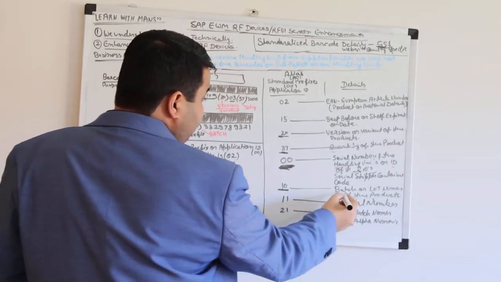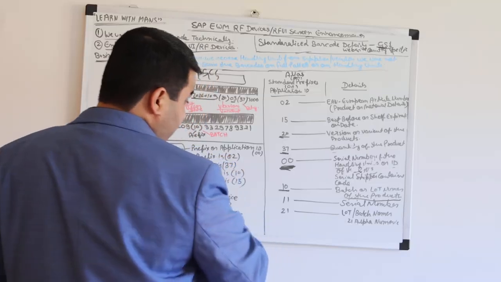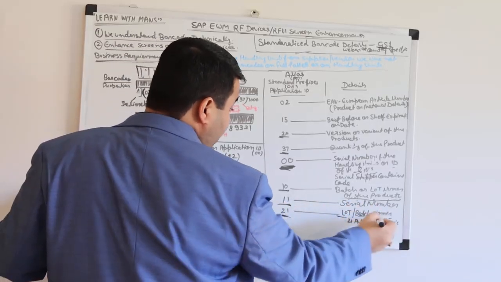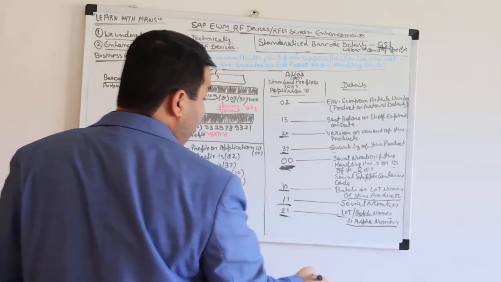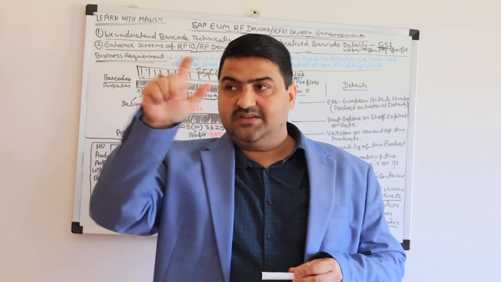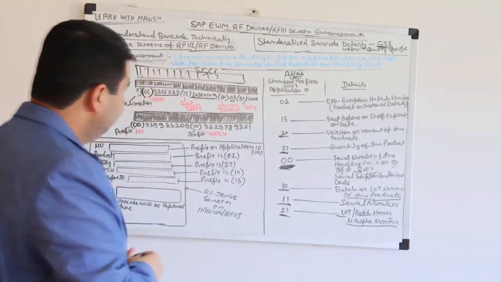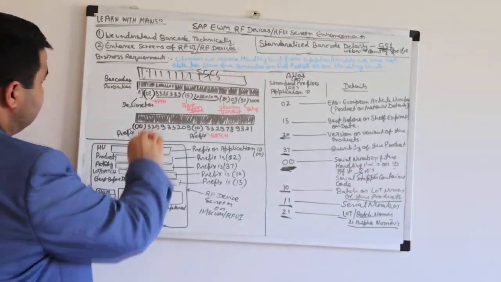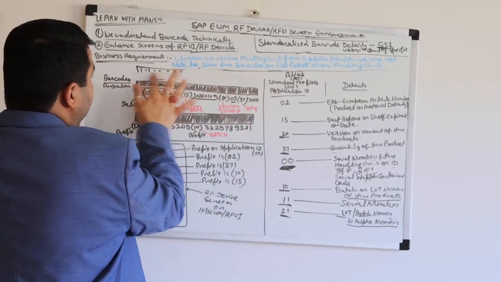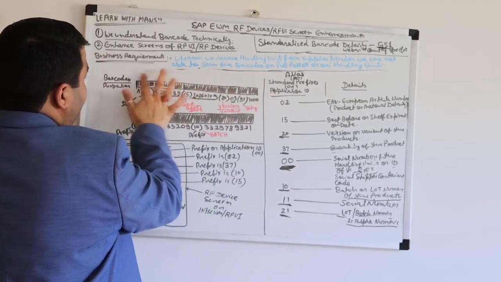Prefix 10 means batch or lot number. 11 means serial number. 21 means lot batch, alphanumeric, because a batch number or lot number can contain alphabets and numbers also. Let's understand only the first barcode, then you will come to know the other one.